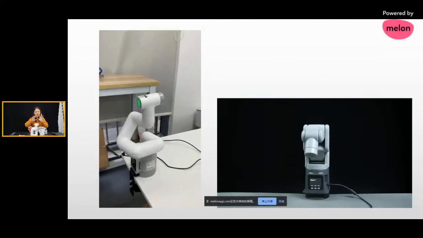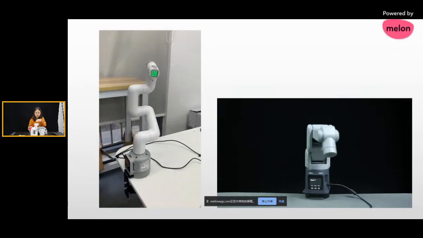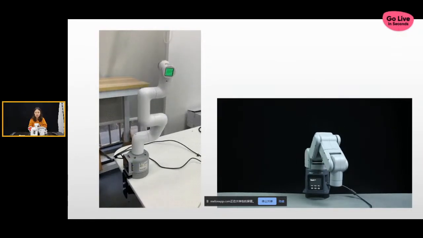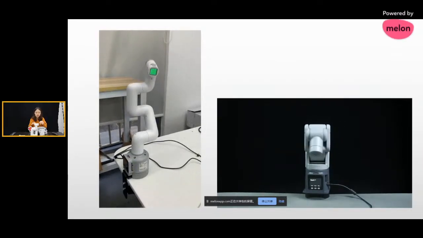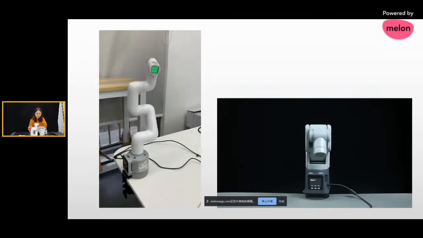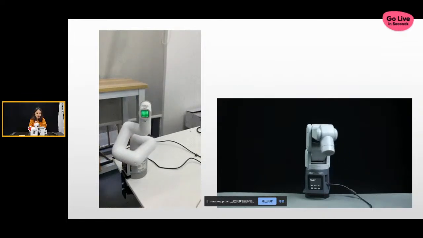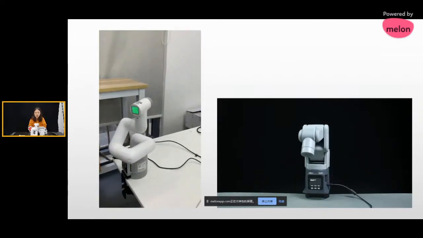I'd like to explain a little more about these two robots. Their working lifespan is 500 hours, so definitely they are not industrial or commercial robotic arms, right?